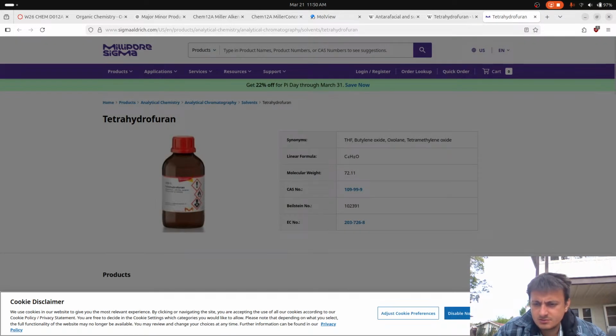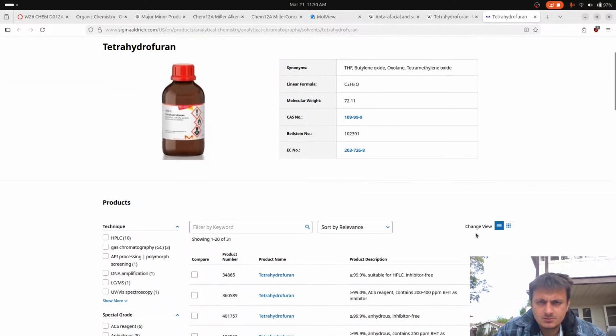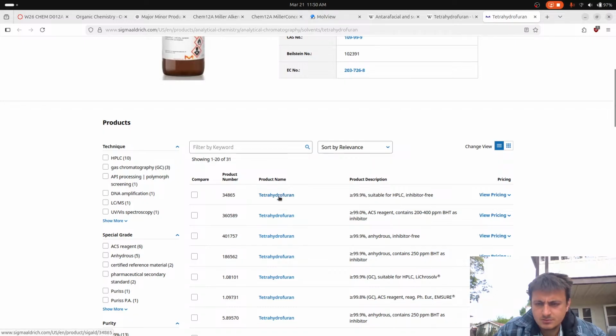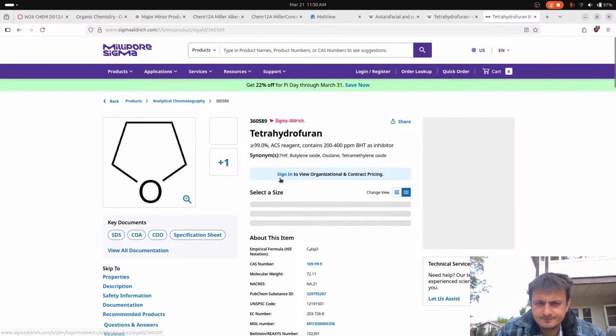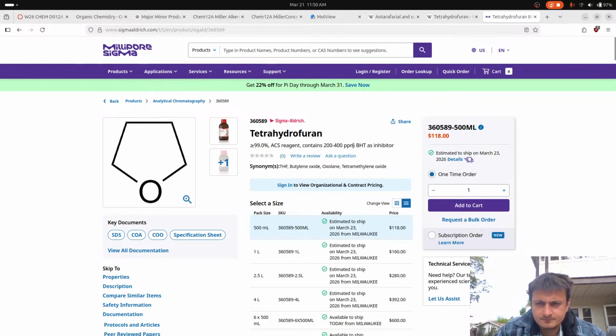Okay. We just need anhydrous tetrahydrofuran. No, I think you want this. That's pretty expensive. That's pretty expensive.